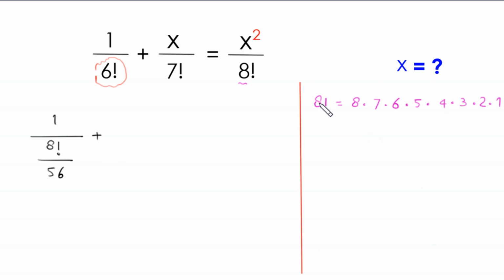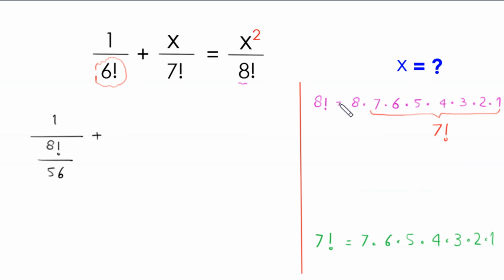So this is 8 factorial, and 7 factorial is equal to 7 times 6 times 5 times 4 times 3 times 2 times 1. It means that from here 7 times 6 times 5 times 4 times 3 times 2 times 1 is 7 factorial.